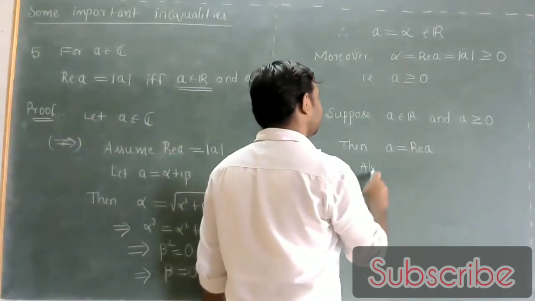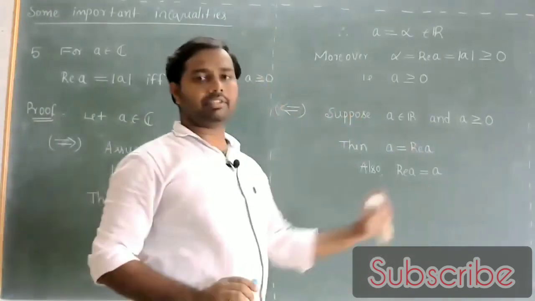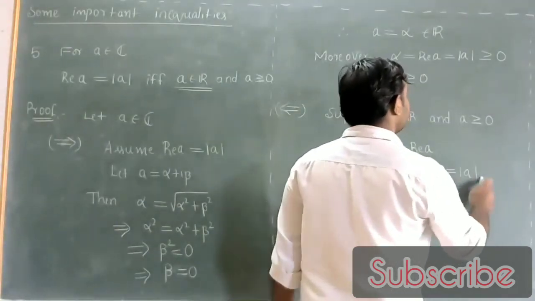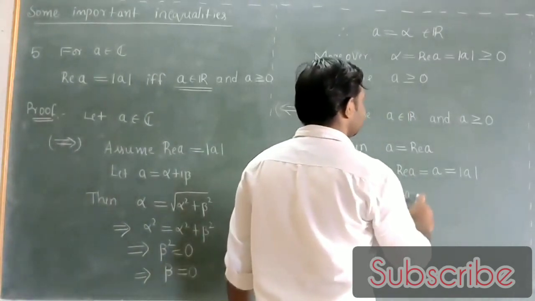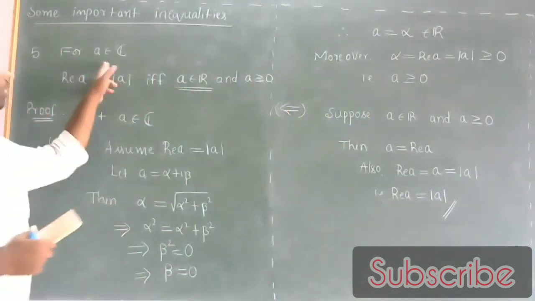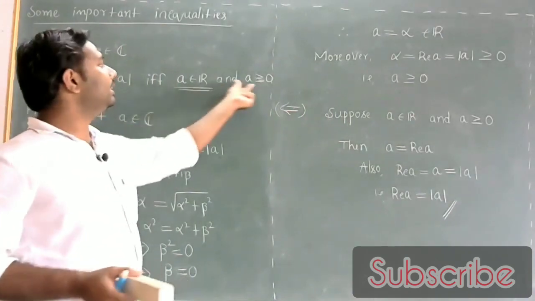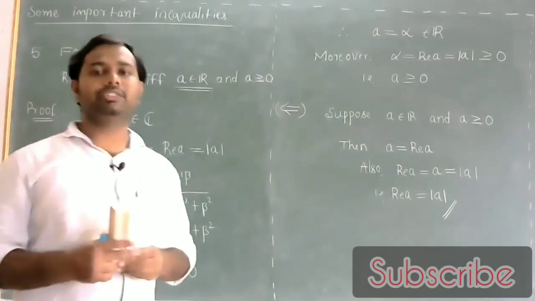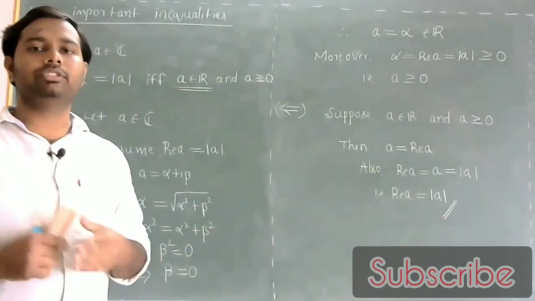So the real part is itself, that is A, and as A is non-negative, A is nothing but modulus of A. So the real part of A is nothing but modulus of A. So for any complex number, real part of A is modulus of A if and only if A is a non-negative real number.